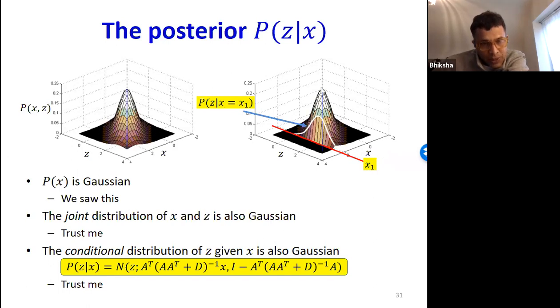Which means you're going to be slicing this Gaussian at x1. And that slice will also have a Gaussian outline, as you can see here. And so p of z given x is going to be Gaussian. The mean will be right here. This will be the variance. We know how to derive these, although I won't do it.